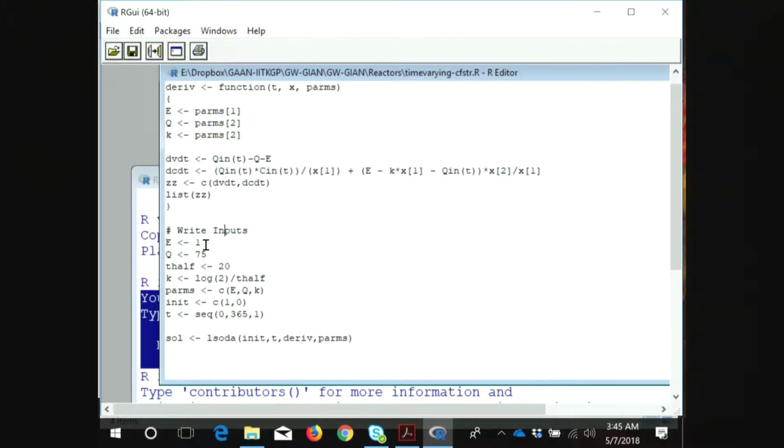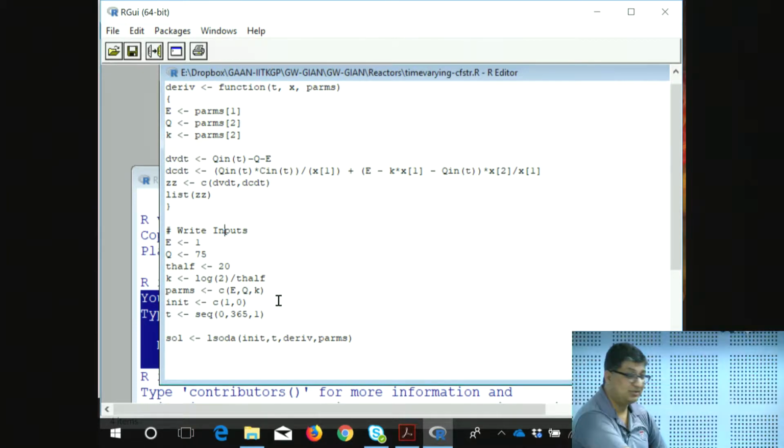This was my 1 meter cubed per day ET, or evaporation. Q out was 75. Half-life was 20 days. I convert that to K using log 2 over t half. And then my parameters have to be in this order, E, Q, and K, because that's what I set in the code. My initial condition is 1 meter cubed and then 0 milligrams per liter. So those are my initial conditions.